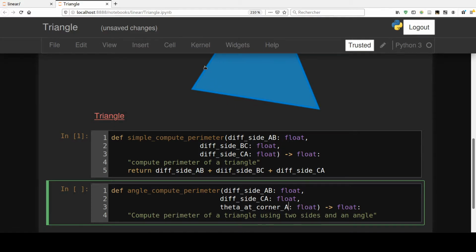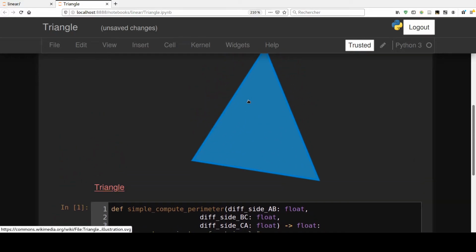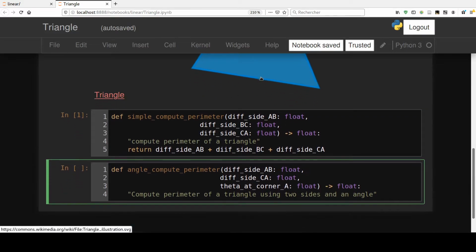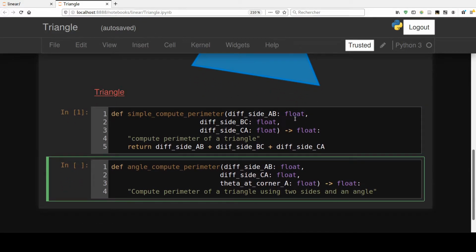I know the AB side, CA side, but I don't know the BC side. What is good is that I know the angle that's right at the opposite of this side. Why is it good?